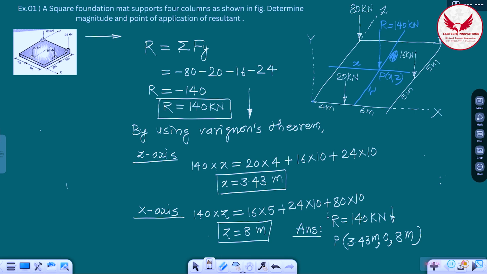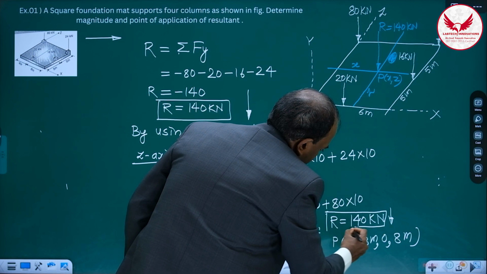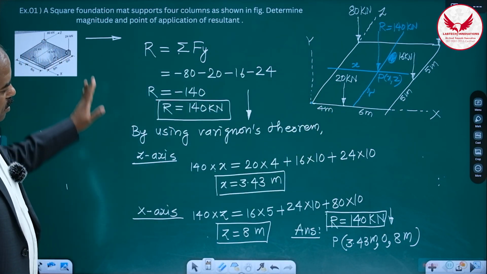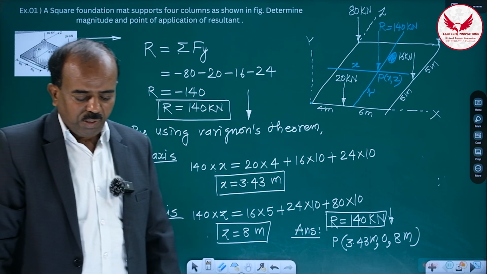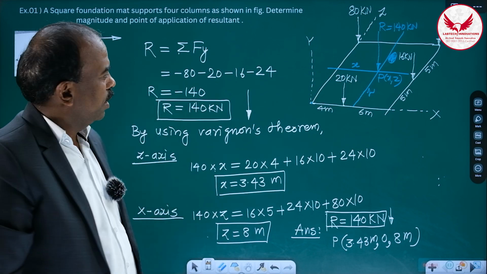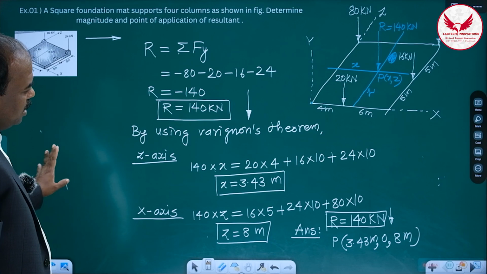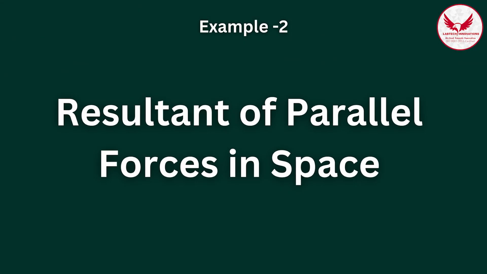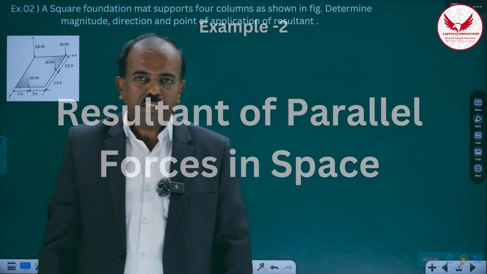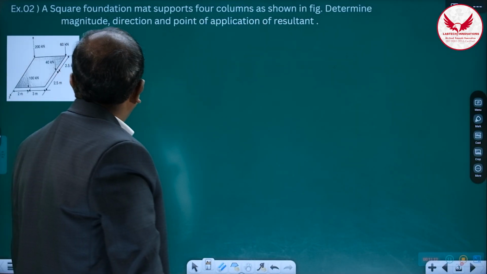This is the complete answer. So in such a very simple way, we can solve the problems of resultant of parallel forces in space. Now we'll see the second problem on resultant of parallel forces.